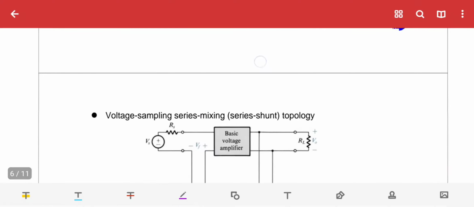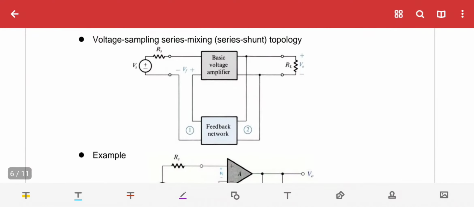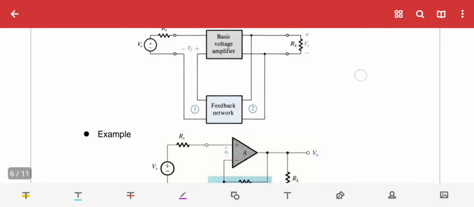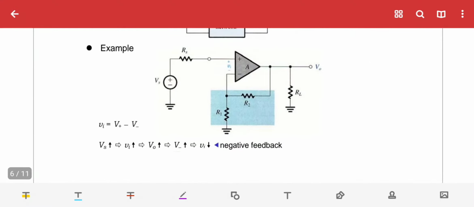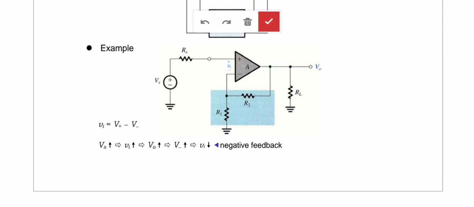Now we will see one practical circuit which uses this particular topology, that is voltage sampling and series mixing, or series shunt topology. So this is a non-inverting amplifier mode. Here you can see the input is given to the non-inverting terminal through a resistor Rs.